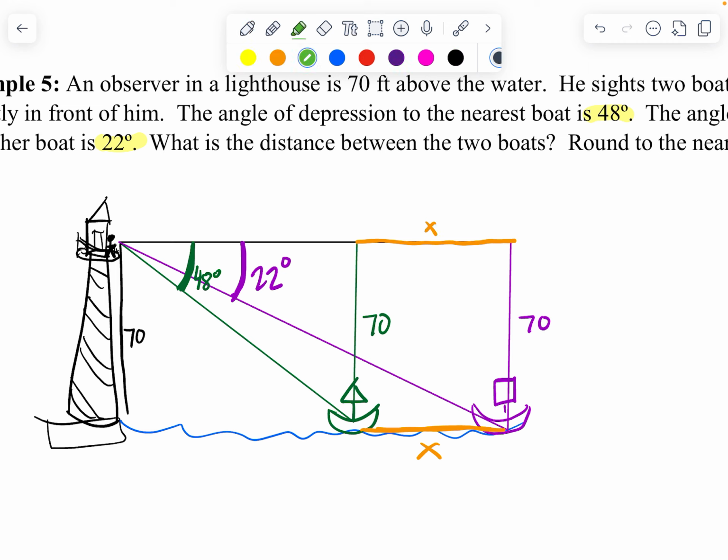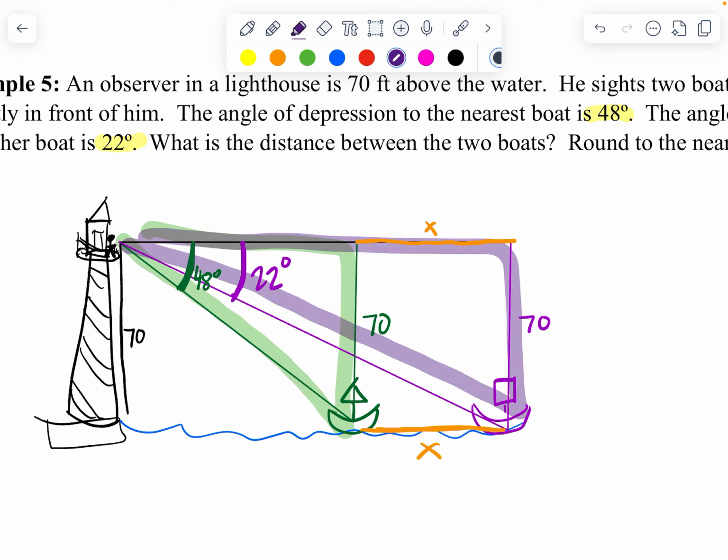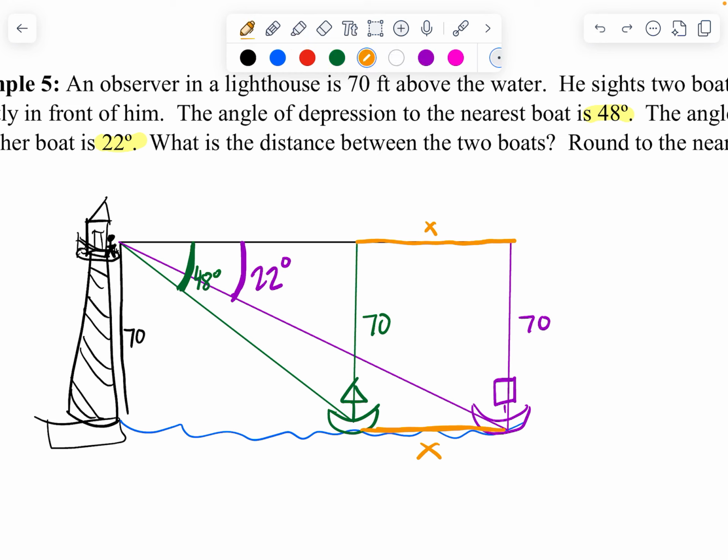So remember, we have 2 triangles, triangle 1 and triangle 2, right? Now, if I'm looking at triangle 1, just triangle 1, that is the adjacent side for my first triangle. I'm going to call that distance y.